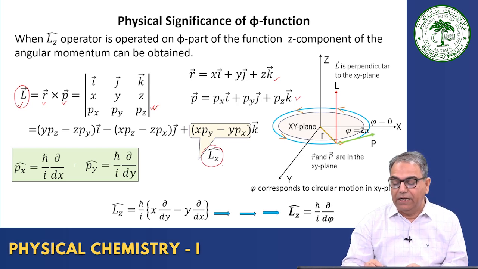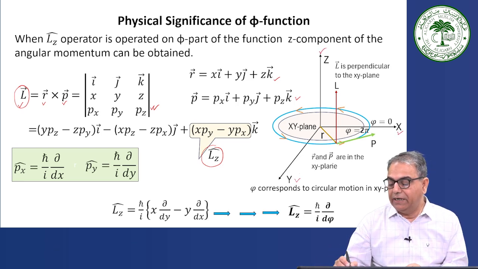And if you look at the 3-dimensional space, this is your x coordinate, y coordinate and z coordinate. Then r and p are in the xy plane. This r and p is shown in green. r and p is in the xy plane, and the Lz component is along the z axis.